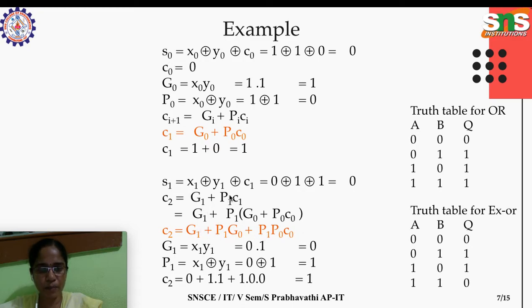Though the computation of XOR or AND operations seems a little complex for us, the machine will do it in a fraction of a moment. So C2 doesn't depend on C1; that's the logic behind today's topic. Only with the help of C0 we are computing C2. So C2 is 1.